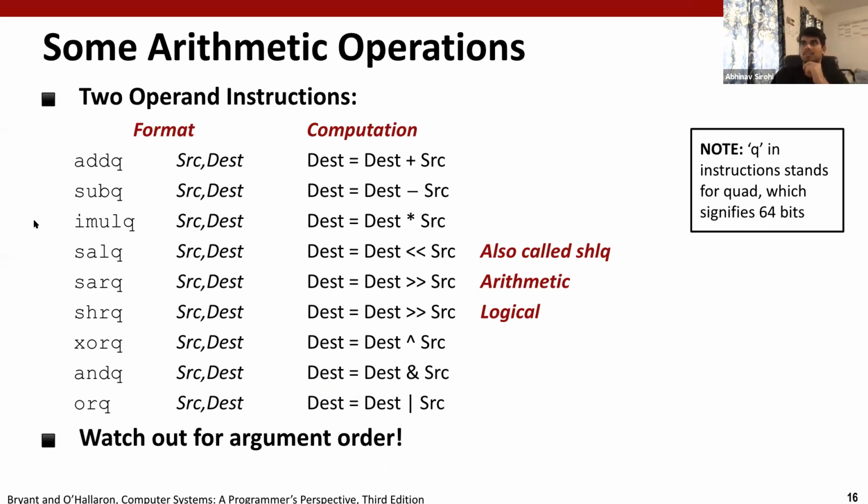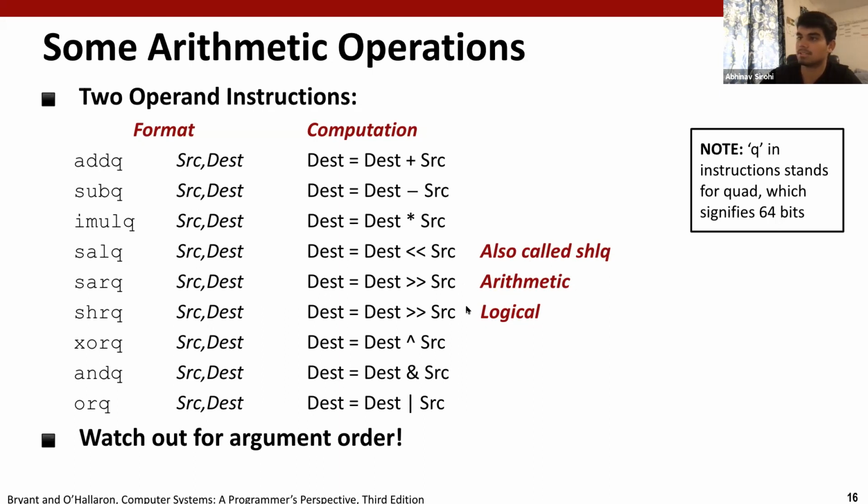These are the different arithmetic operations offered in assembly. We have add, subtract, multiply, and shift. Then we have the shifting ones: shift arithmetic left, shift arithmetic right. This here is the logical version, so this is the arithmetic shift, and this is the logical shift.